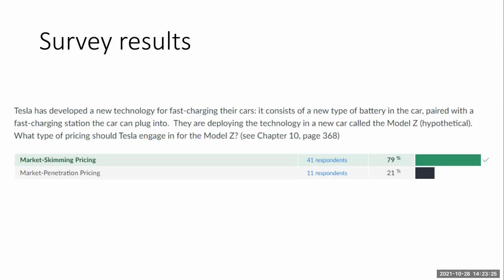Yeah, because I think this new type of battery is new, so I think I should choose an expensive price, and then I can get more profits.